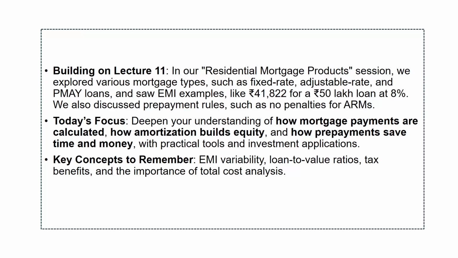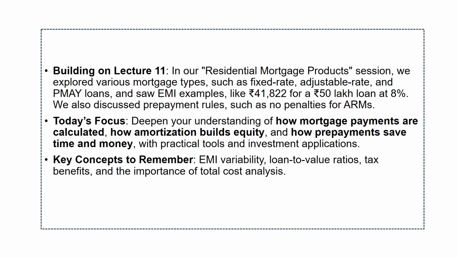Building on lecture 11, in our residential mortgage products session, we explored various mortgage types such as fixed rate, adjustable rate, and PMAY loans, and saw EMI examples, like one example of a 50 lakh loan at 8%, which translated into an EMI of around 42,000 rupees. We also discussed prepayment rules such as no penalties for ARMs.